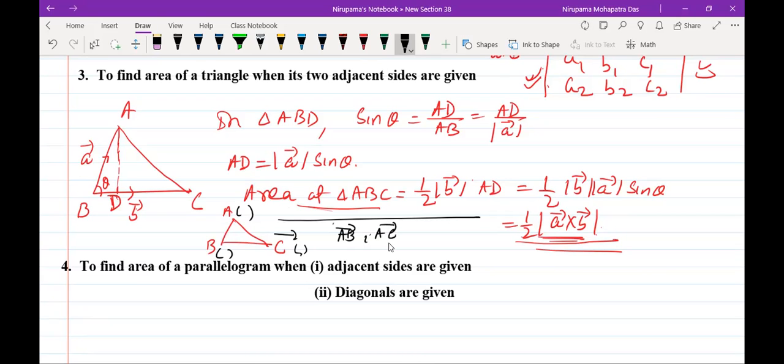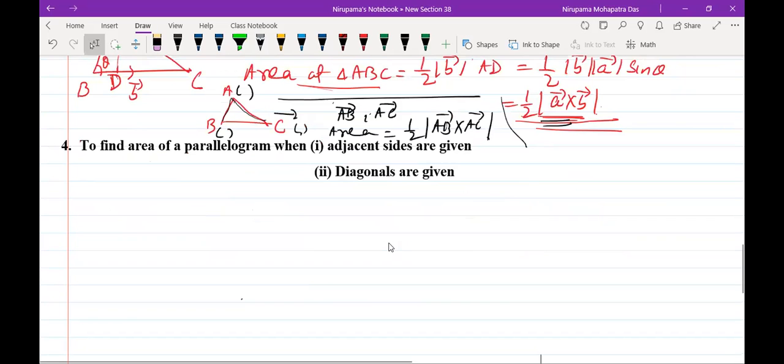Any two sides you take will be adjacent to each other. Then the area will be half of the magnitude of AB cross AC, or AB cross BC, or AC cross BC. So even when vertices are given, you can find any two adjacent sides, then apply this concept. Is it clear?